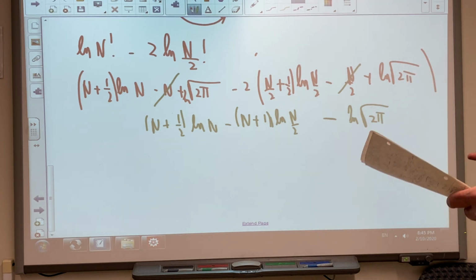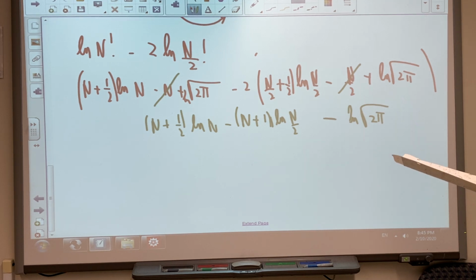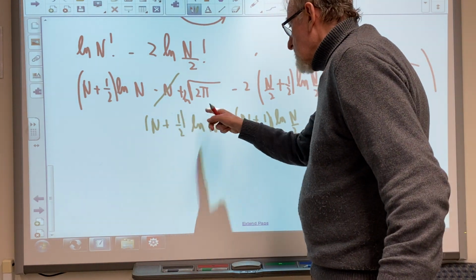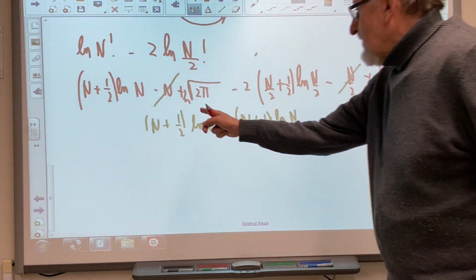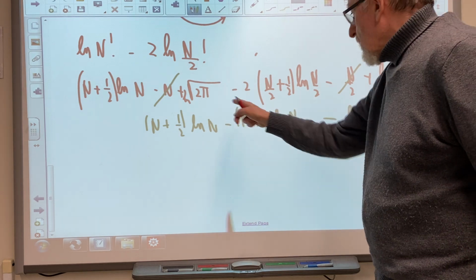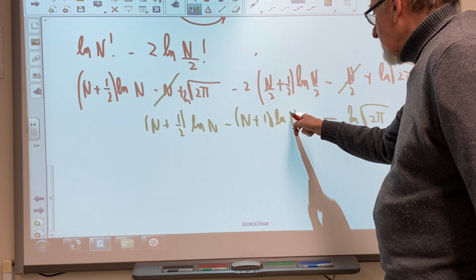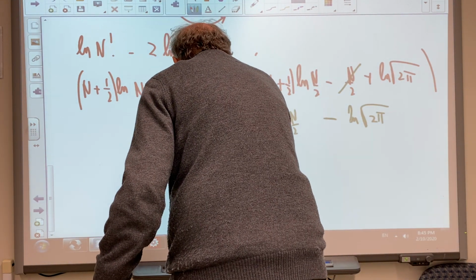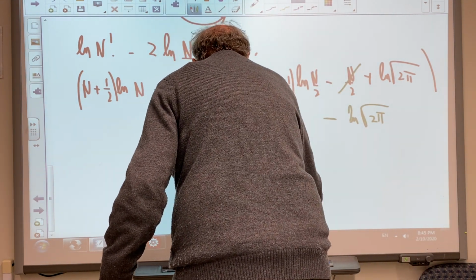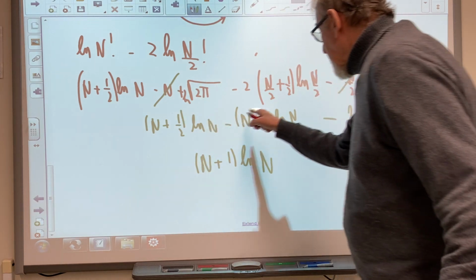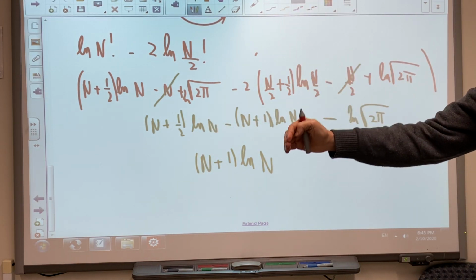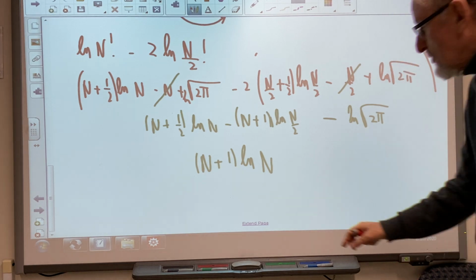Now in the last step, I do the usual thing. I write this as n plus 1 minus 1/2. So n plus 1 ln n minus n plus 1 ln n over 2 is just n plus 1 ln 2, because I have ln n minus ln n over 2, which is the ln of n over n over 2, which is the number 2, ln 2, sorry.